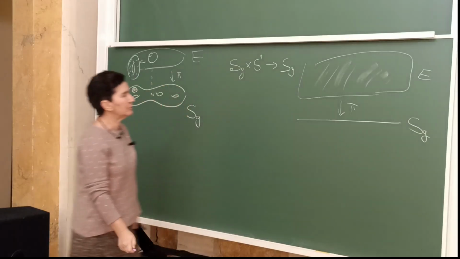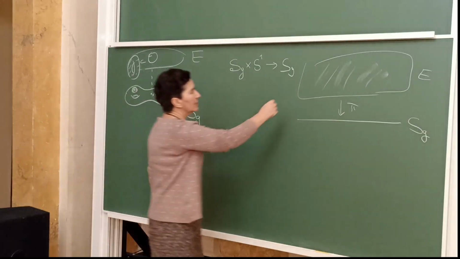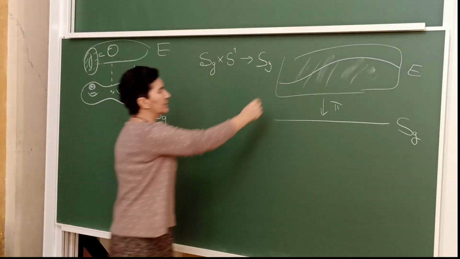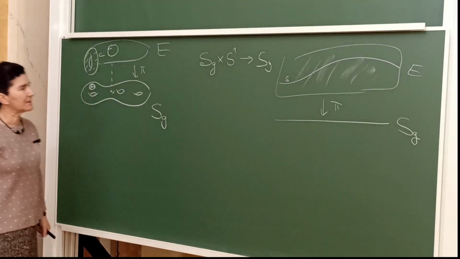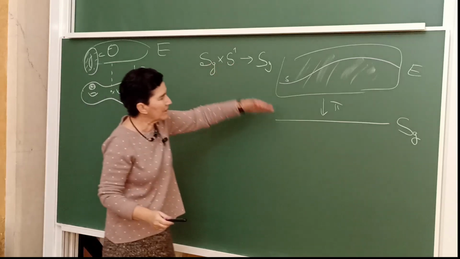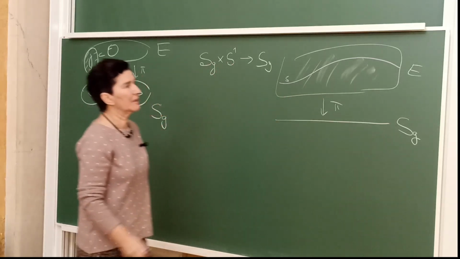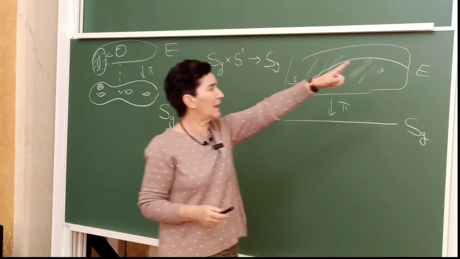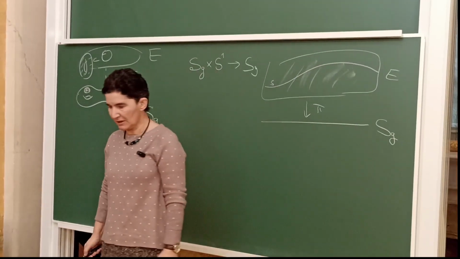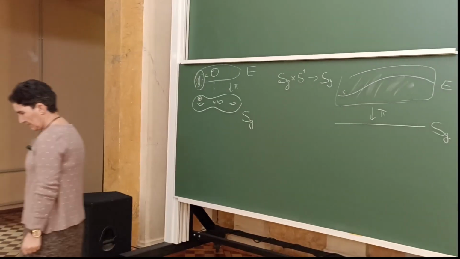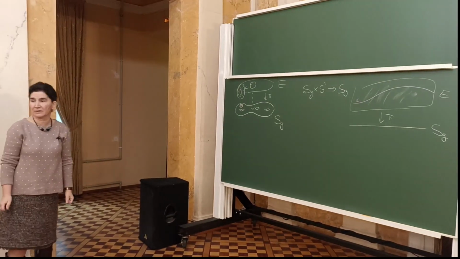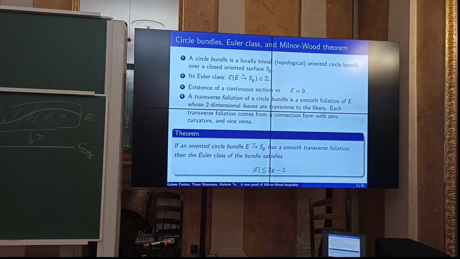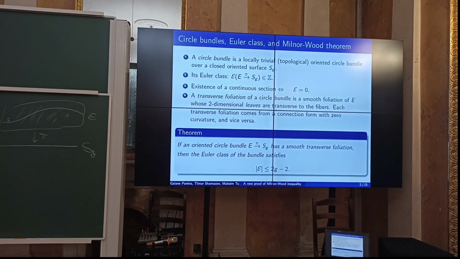Let us look at the continuous section as some surface embedded in the total space such that it projects bijectively to the base. This is a section. And it is known that a continuous section of a circle bundle exists if and only if the Euler class is 0. And the Euler class being 0 means that we have the trivial fiber bundle.